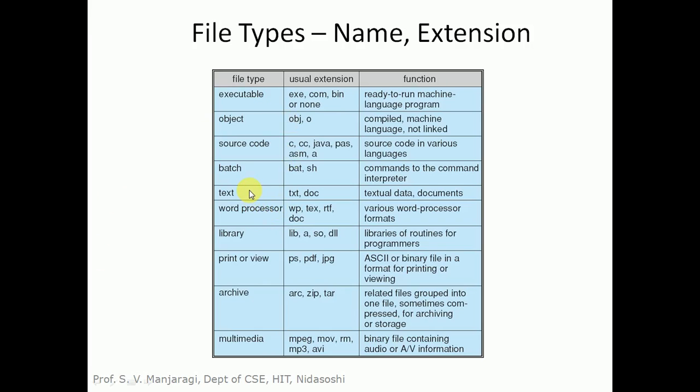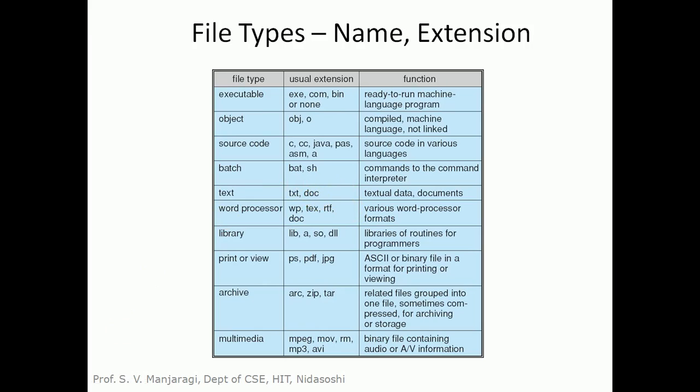The next file type is text. It has the extension .txt or .doc. It usually contains text data or documents. For example, if you create a file in a text editor, it has the extension .txt, which contains the text data. Similarly, if you create a file in Microsoft Word or any word processing application, it has the extension .doc.